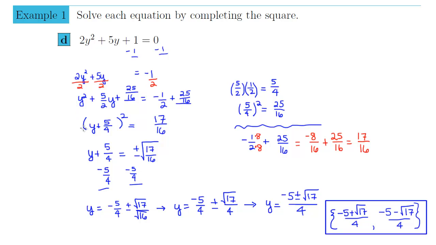Then you proceed to solve by taking half your middle coefficient, squaring it, and then putting it into the blanks, which are added on both sides. Rewriting this perfect square trinomial as a binomial square, and then finishing with the square root property. Good luck, and I hope you have fun completing the square on quadratic equations.